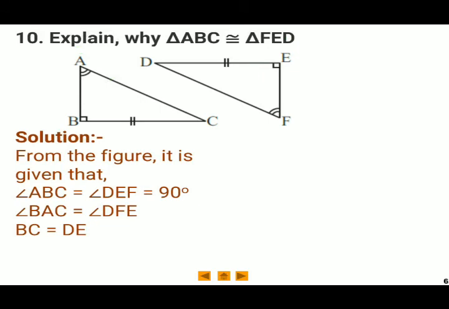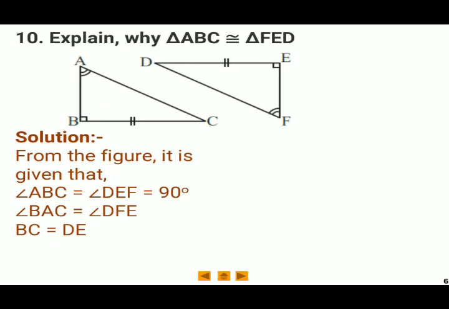After that, another thing, what is given? Another one side is given equal. So from the figure it is given that angle ABC and angle DEF, this angle and this angle, are of 90 degrees. Why? Because here you can see a square shape is drawn, that means they are of 90 degrees.